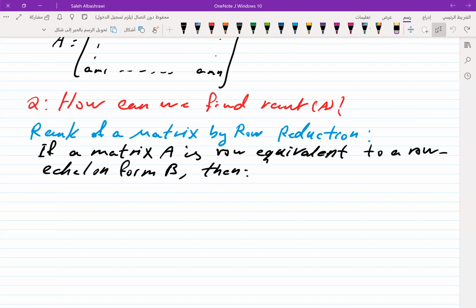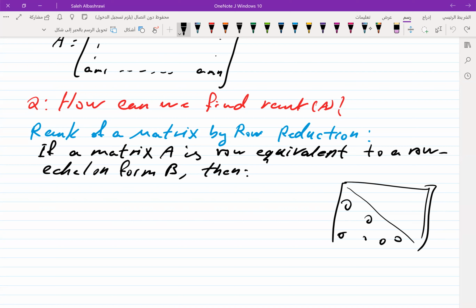For example, if we add two rows together to replace one of the rows of the matrix A, the new matrix we now call row equivalent. Doing any row operation will give me a new matrix that is row equivalent to the original one. And echelon form of some matrix B: for a matrix to be in row echelon form, it is like writing the matrix in upper triangular form, keeping all the elements under the leading ones to be zero.